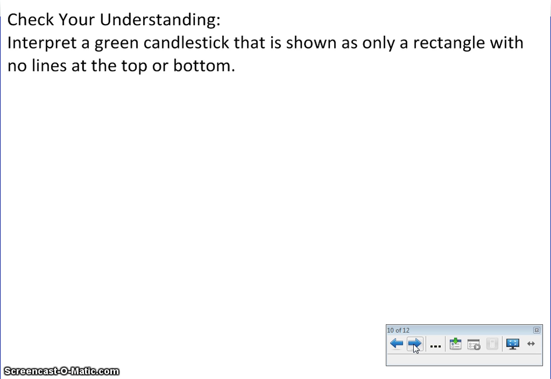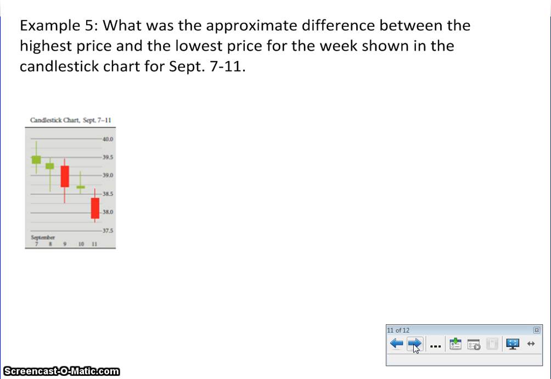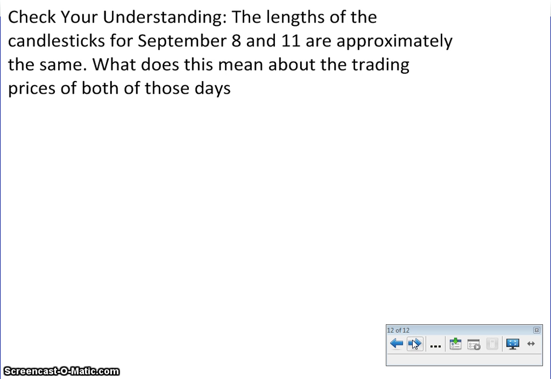All right, interpret a green candlestick that is shown as only a rectangle with no tops, no bottoms. Basically, if we were looking at this, it's just a box. What does that mean? Well, it's green, so the close was higher than the opening.